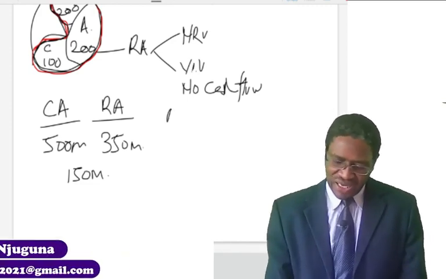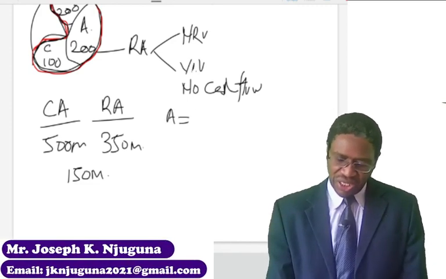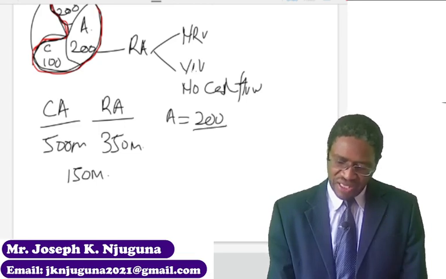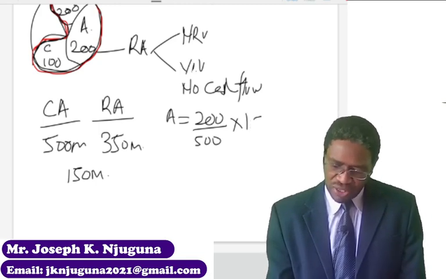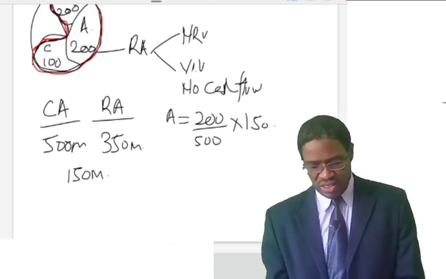Meaning, against asset A, which has a carrying amount of 200, divide that by 500, now multiply that by 150. That will give you how much write-off against asset A.